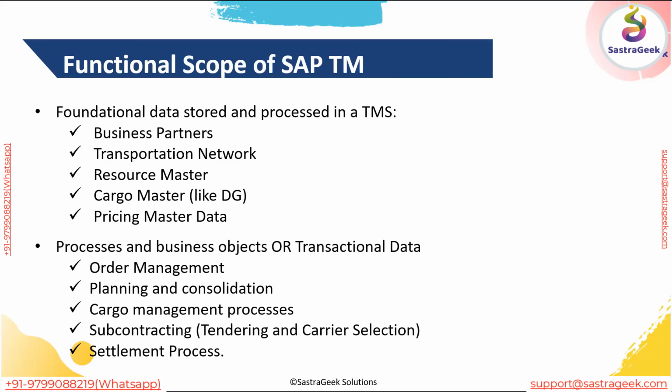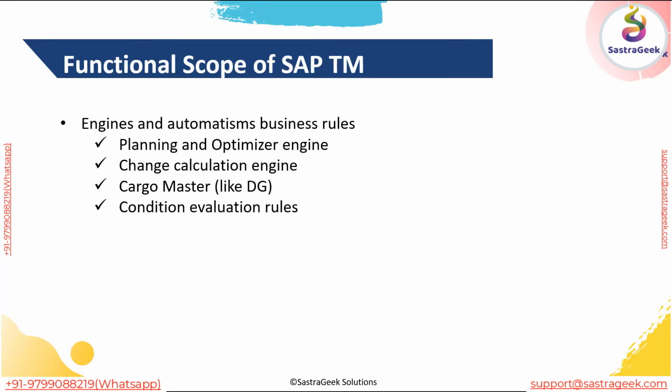Then we have subcontracting and tendering, so this is tendering and carrier selection. That is the transactional data in TM. Then we have settlement processes, settlement with your customers and vendors.